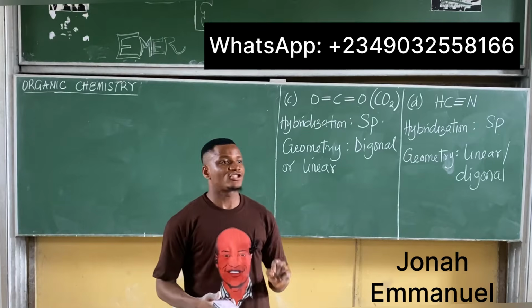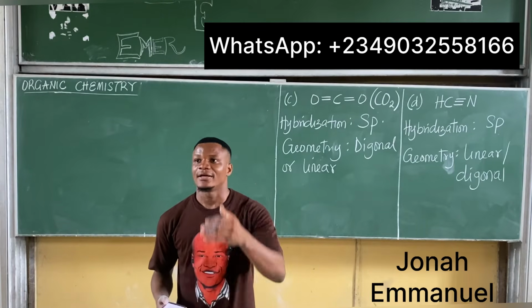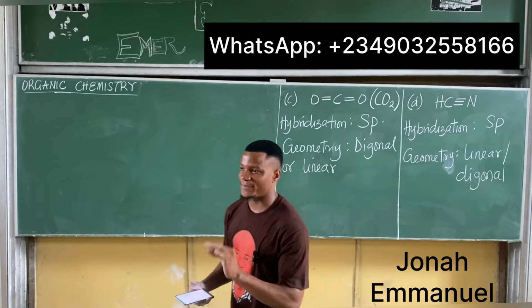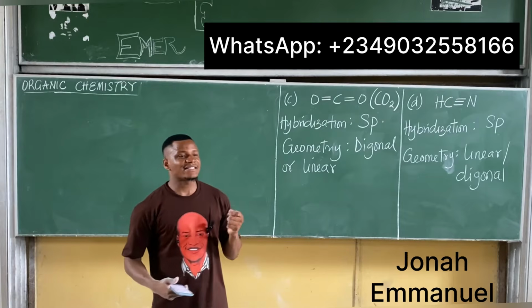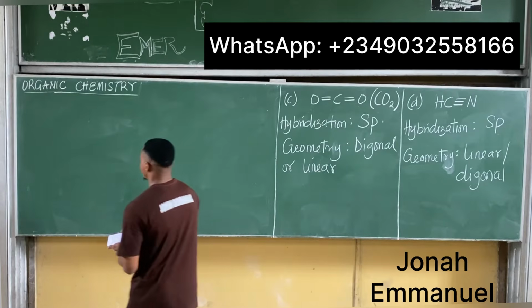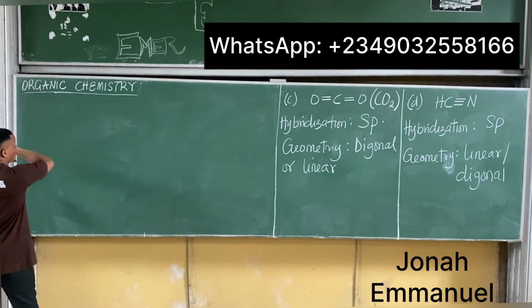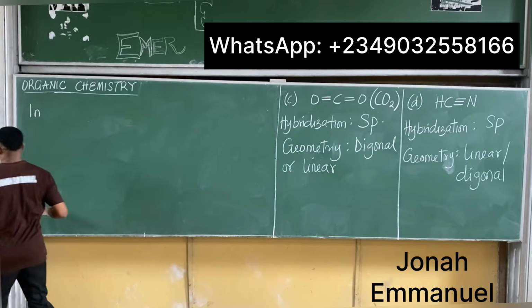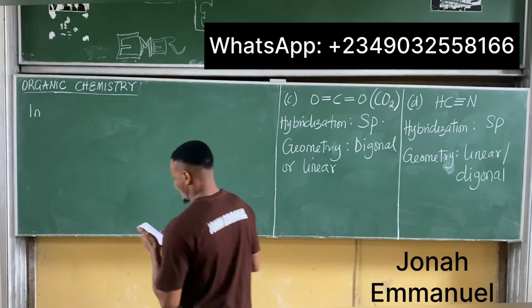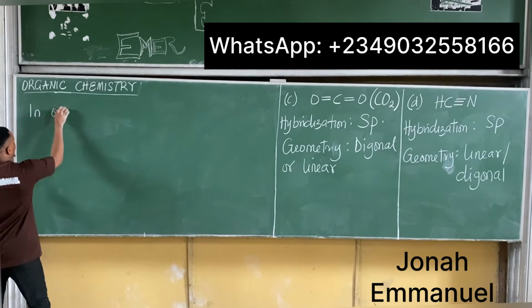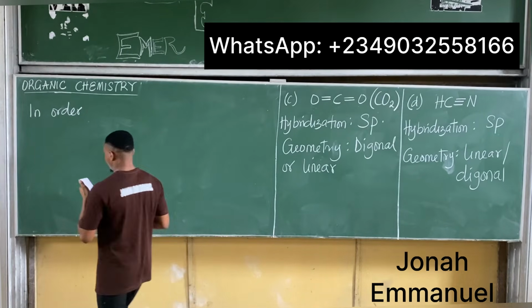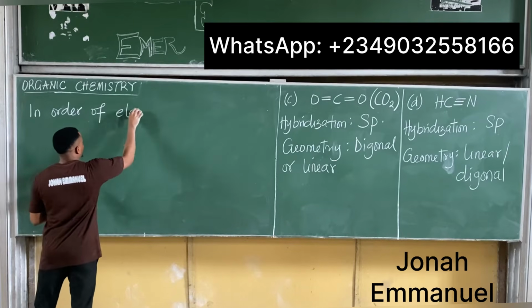Aside from the 3 major hybridization patterns, in bracket sp, sp squared and sp cubed, close the bracket, there exist two other hybridization patterns, in bracket s and p.